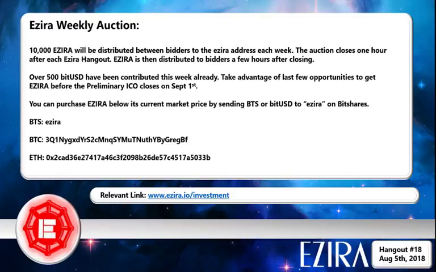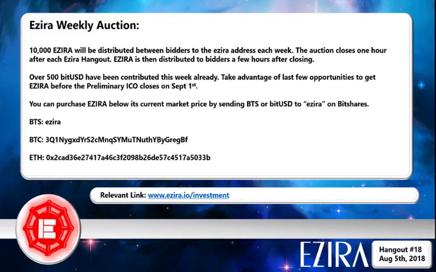This auction closes 1 hour after each Ezira Hangout, and the Ezira is distributed to the bidders a few hours, up to about 12 hours after the auction is closed. So we wait to make sure that there are no late bidders, but it tentatively closes 1 hour after each Ezira Hangout. So please get it in relatively shortly to be included in this week's auction.